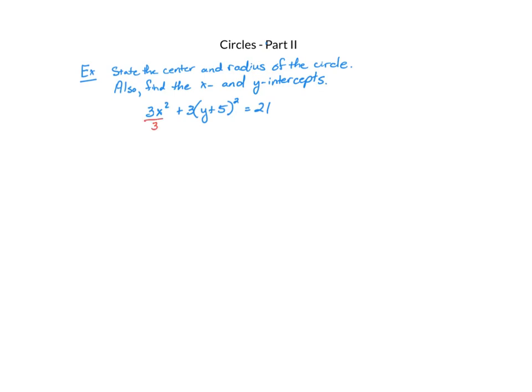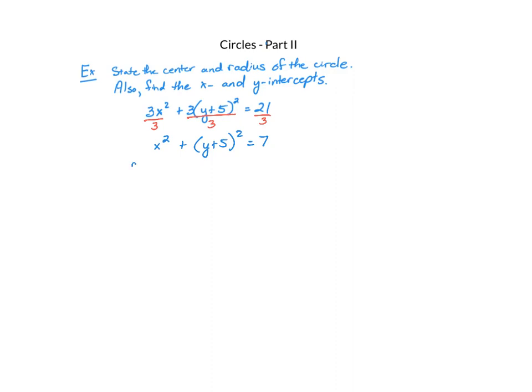So we'll divide the first term by 3, the second term by 3, and the 21 by 3. And let's simplify, so we have x squared plus (y plus 5) squared equals 7. And now our equation is in standard form.